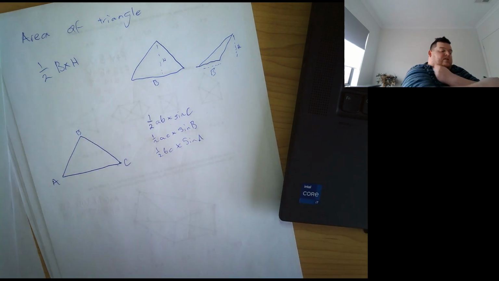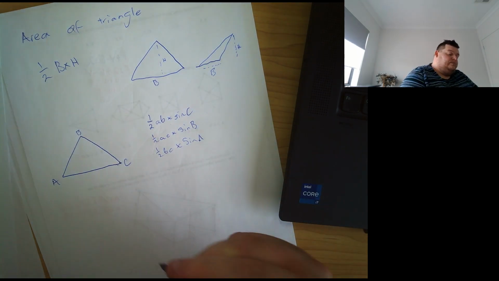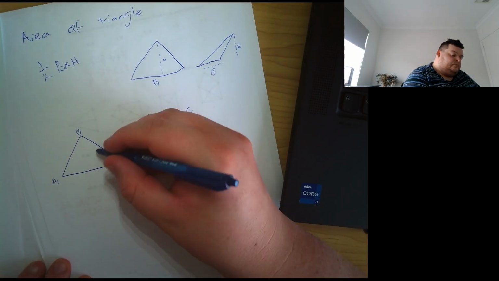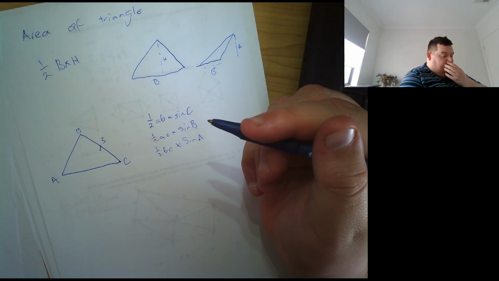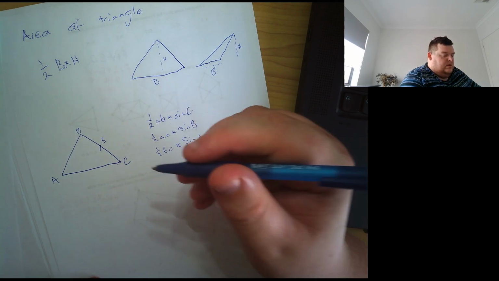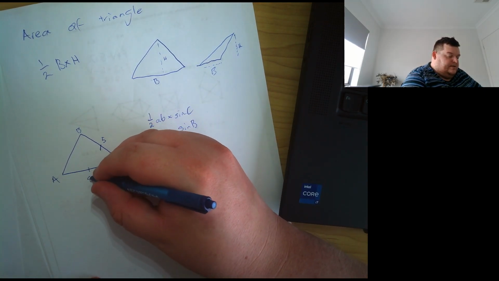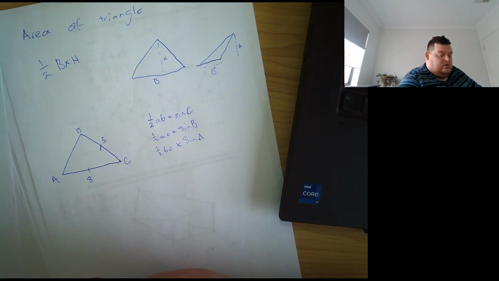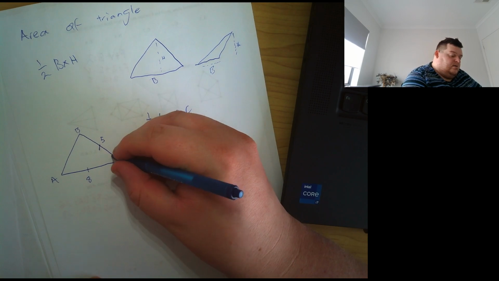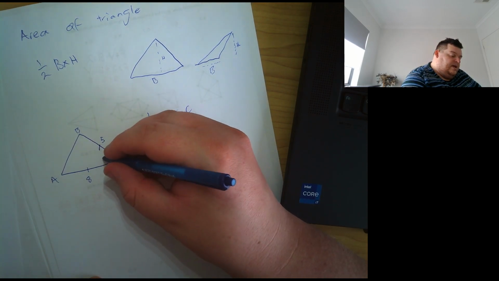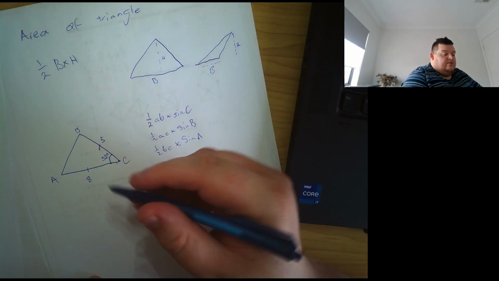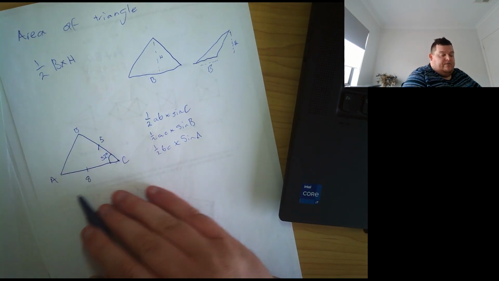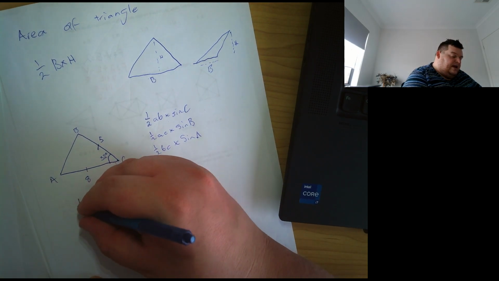Let's say I have the sides 5, 8, and I also need angle C, which we'll say is 32 degrees.